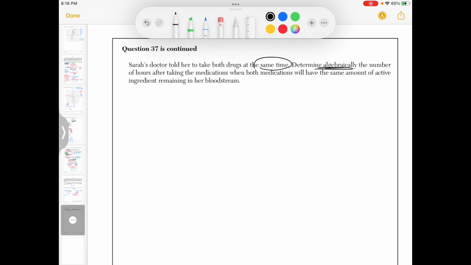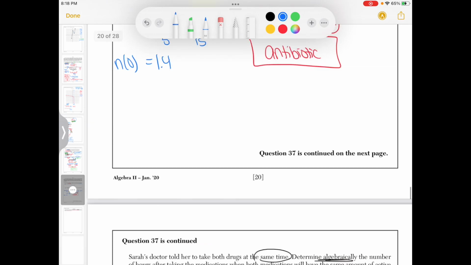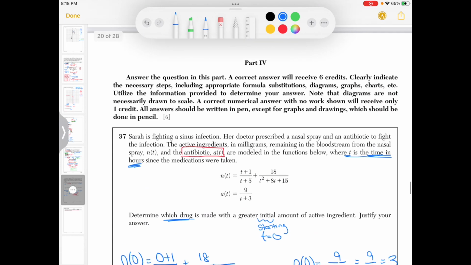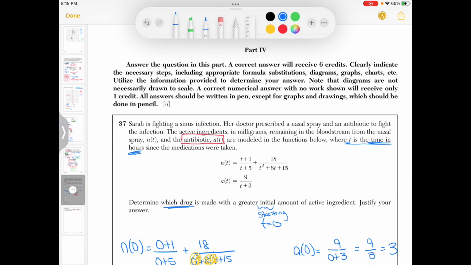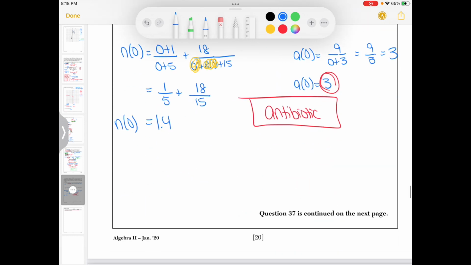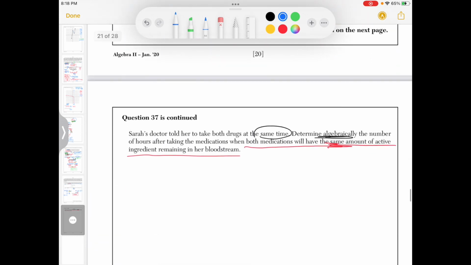Sarah's doctor told her to take both drugs at the same time. Determine algebraically, so I have to show my algebra, the number of hours after taking the medications when both medications will have the same amount of the active ingredient remaining in her bloodstream. So since both of the equations represent, let me go back and read. So both the equations represent the active ingredients remaining in the bloodstream.